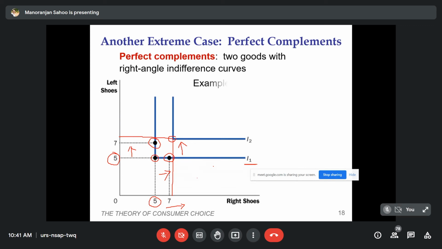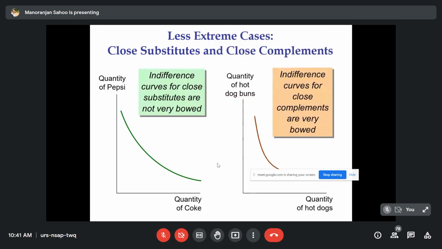Then we'll come to another example, which is about when two goods are not perfectly substitute or not perfectly complementary, or they are close substitutes or close complements. If two commodities are close substitutes but not perfect substitutes, then the indifference curve will not be a straight line, it will be convex.